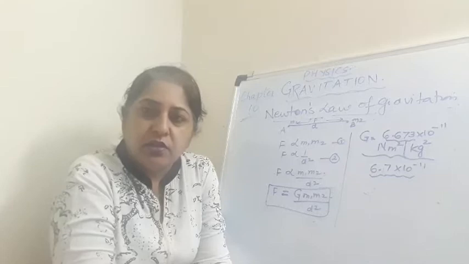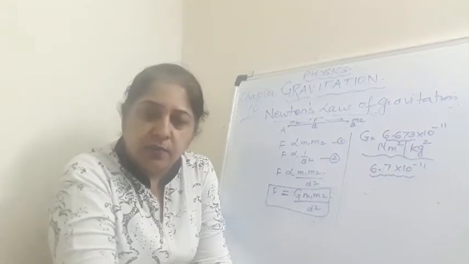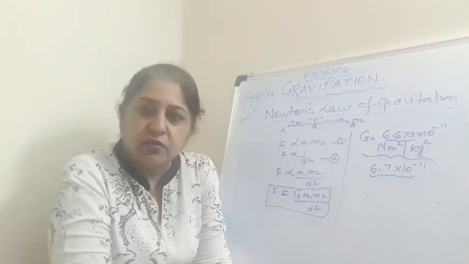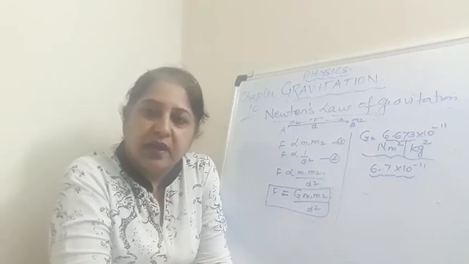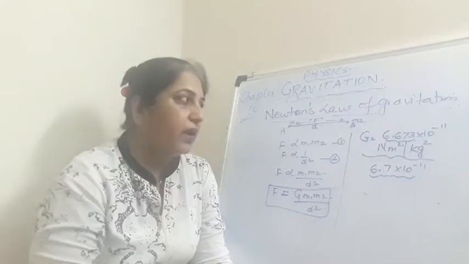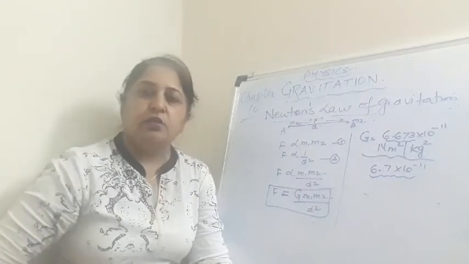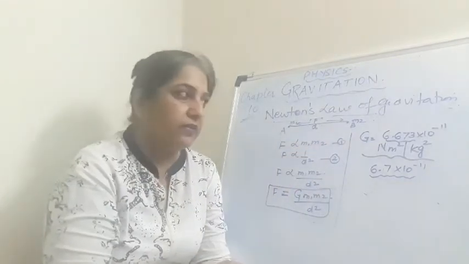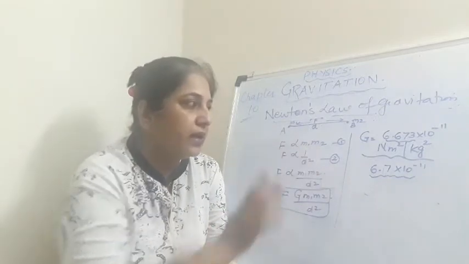And what is G? G is the gravitational constant. Since G is a gravitational constant, its value is the same everywhere in the universe. Its value will not change. Remember that its value is 6.673 into 10 to the power of minus 11 Newton meter square per kg square.